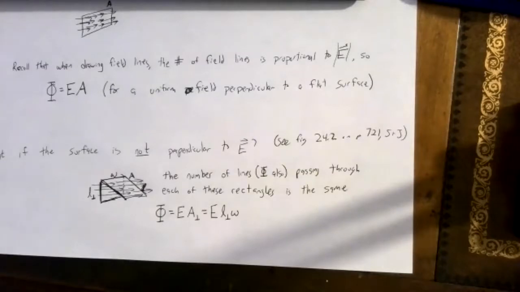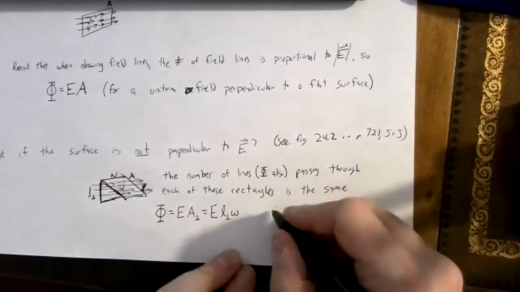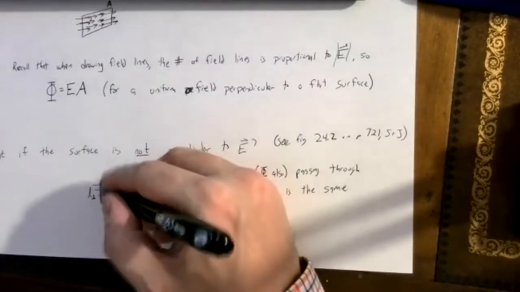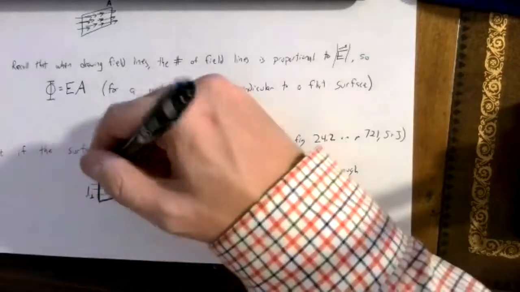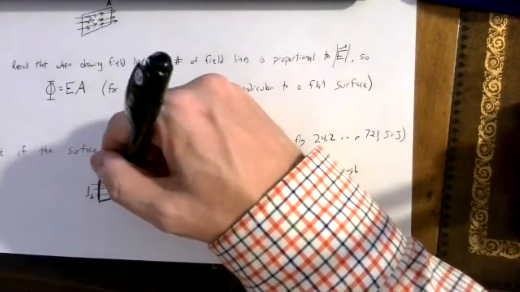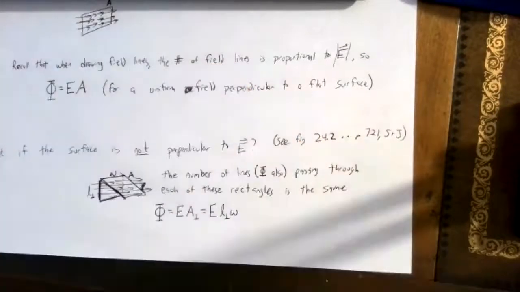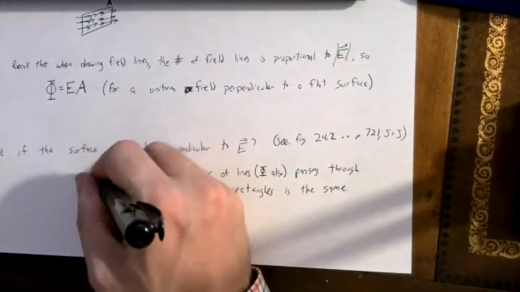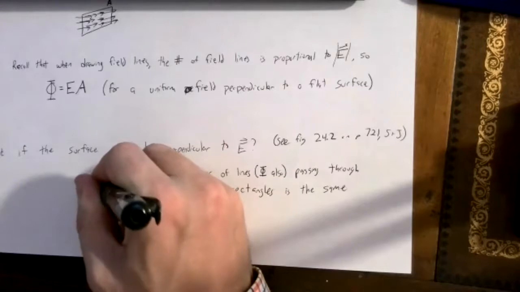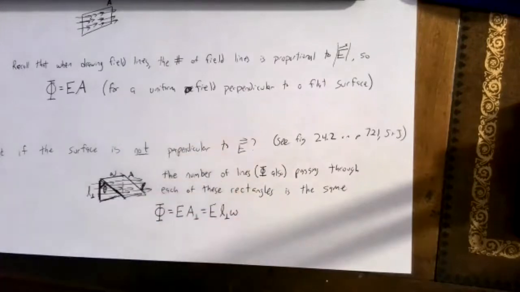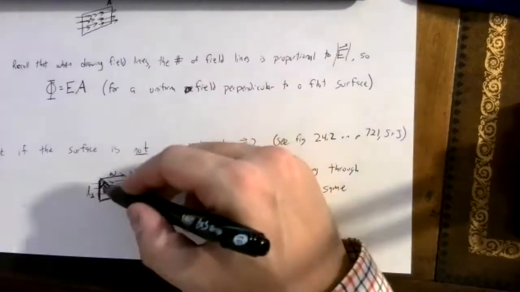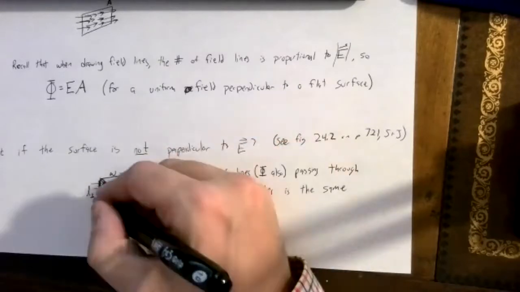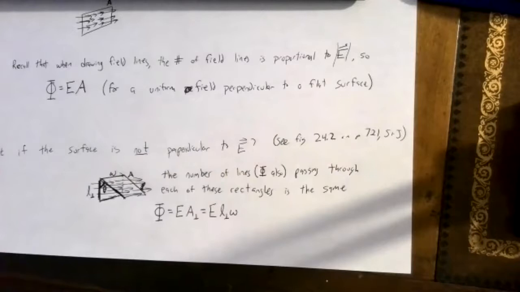And we can tell from the diagram that we can relate L perpendicular to the length of the rectangle we're looking for if we know this angle, theta.